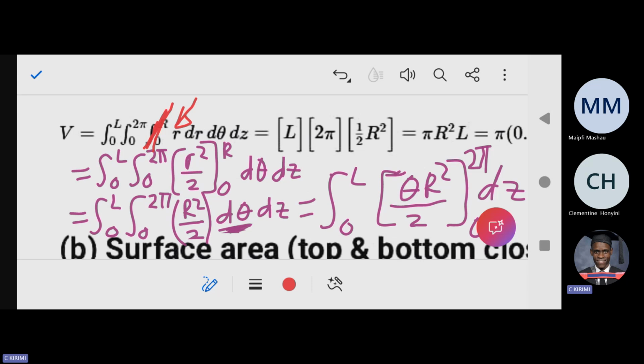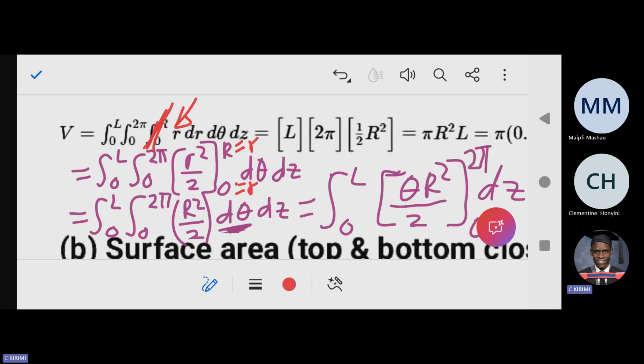If I integrate that one, it's now r squared over 2. Then the limits, you put them there on the bracket. To say where small r is equal to big R, and also where the 0 is also equal to that small r, you replace into the integral so that we evaluate, we get rid of that square bracket.